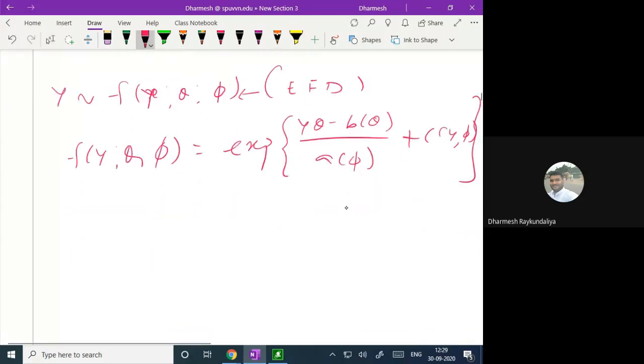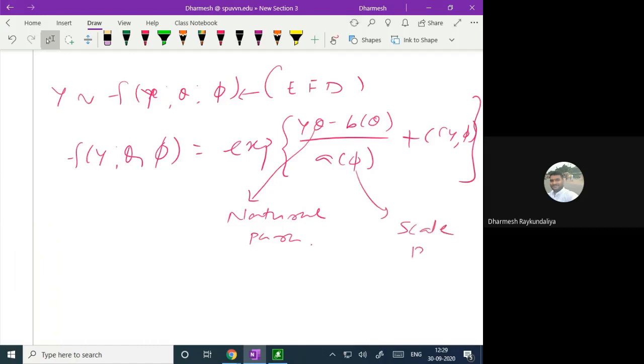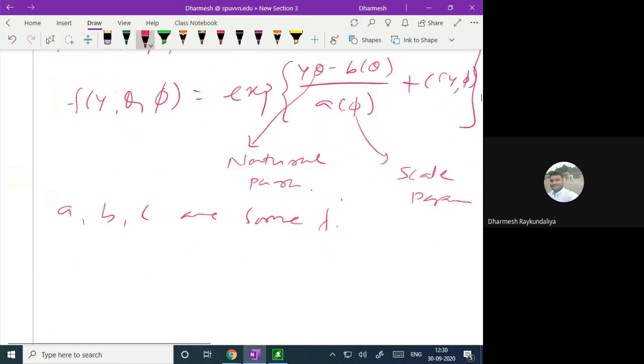Where theta is the natural parameter and phi is the scale parameter. a, b and c are some functions. We are not interested in the scale parameter. We are mainly interested in theta.